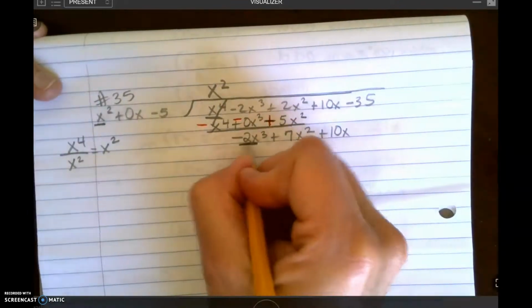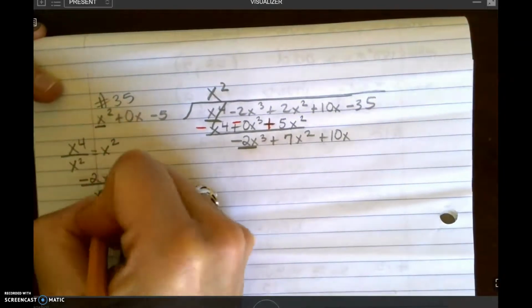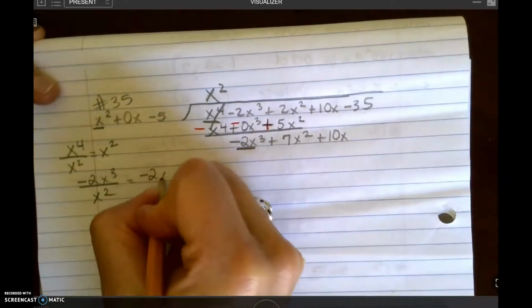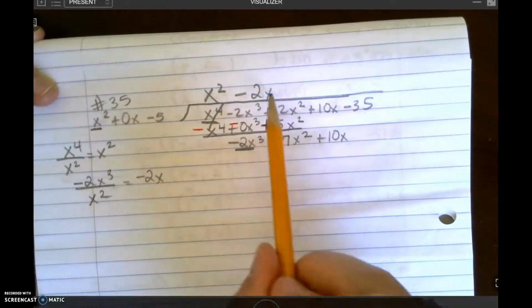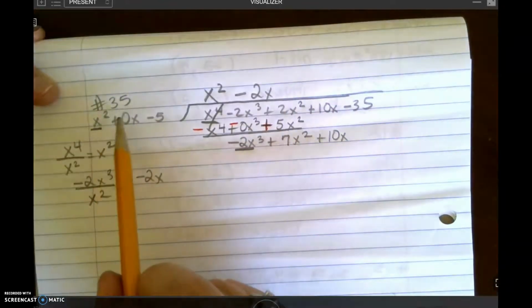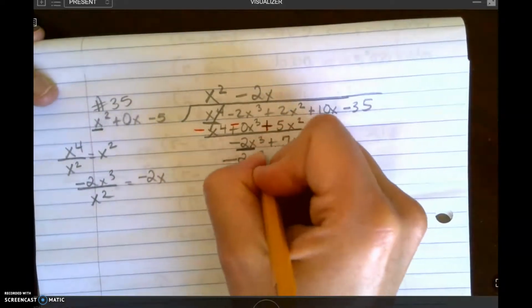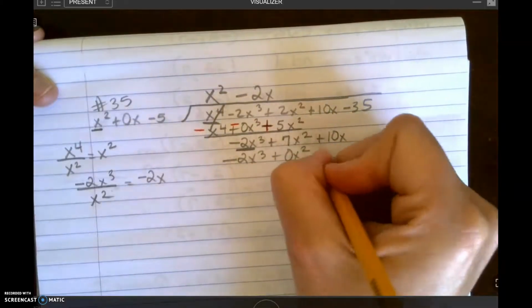Focus on the first. What is negative 2x cubed divided by x squared? And I get negative 2x. So I'll put that up here. Now I multiply this negative 2x by each of these in the divisor. I get negative 2x cubed plus 0x squared plus 10x.